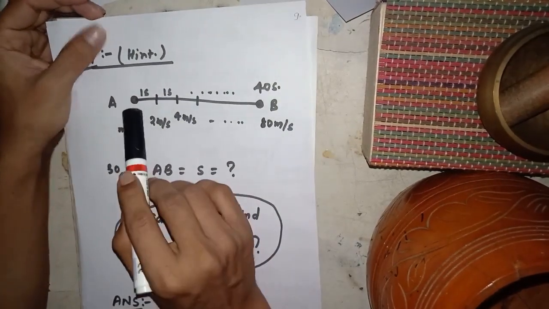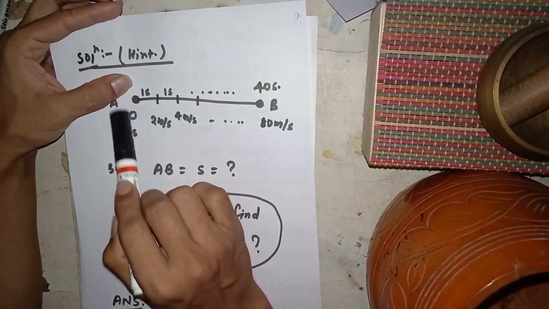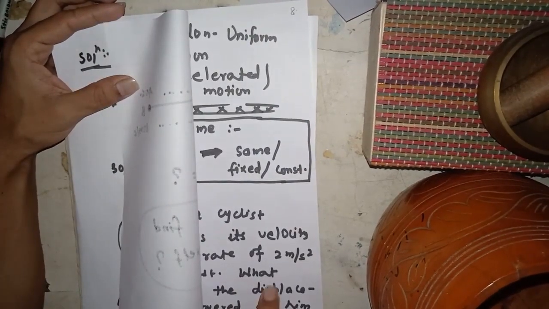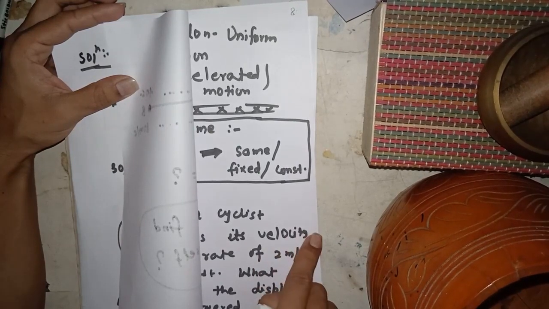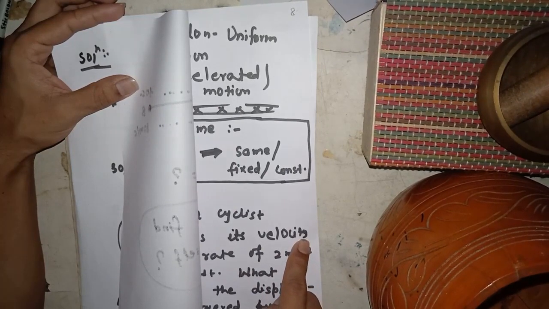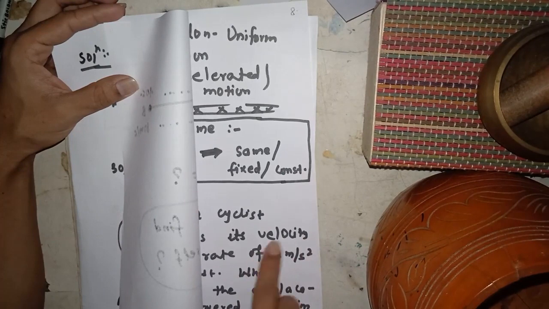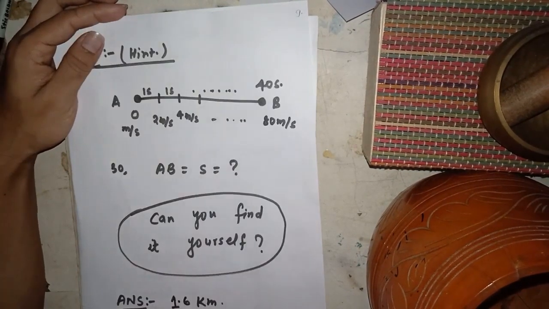It also means that from rest, after each 1 second, its velocity changes by 2 meter per second, because acceleration is nothing but rate of change of velocity. It means in 1 second the velocity changes by 2 meter per second. Have you got my point?